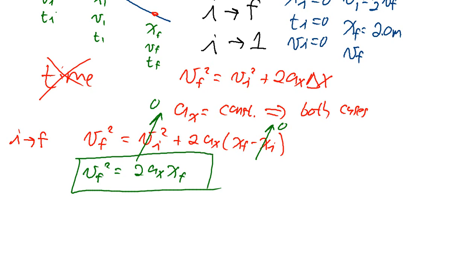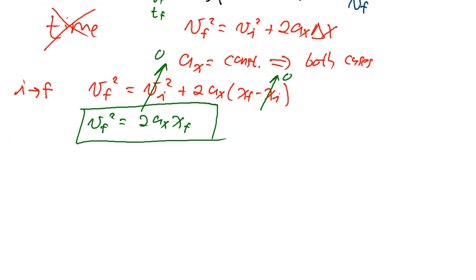We do the same thing from the initial point to point 1. That tells us v1 squared equals v initial squared plus 2a sub x times x1 minus x initial.